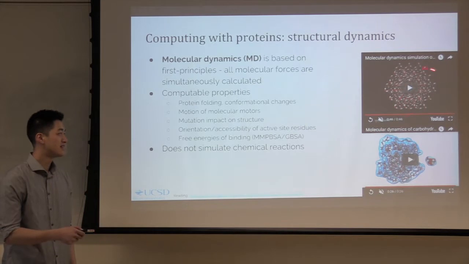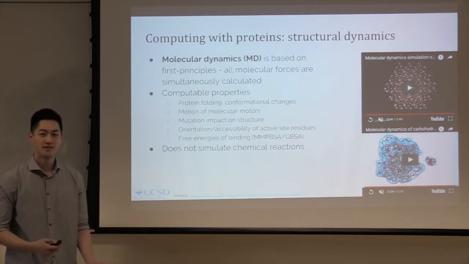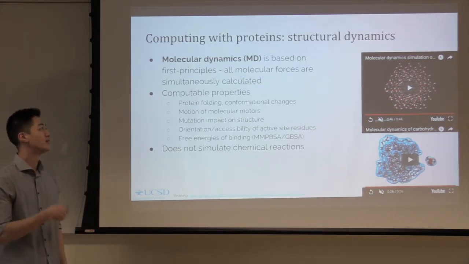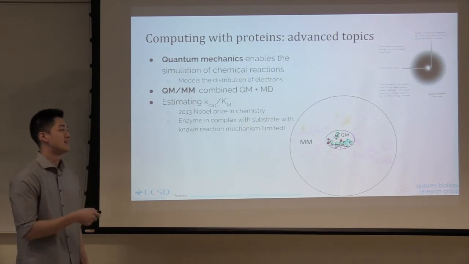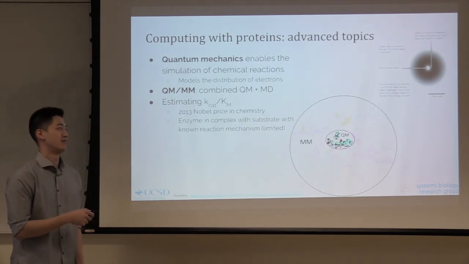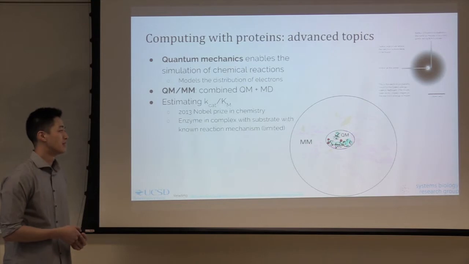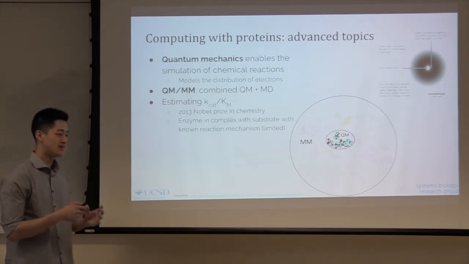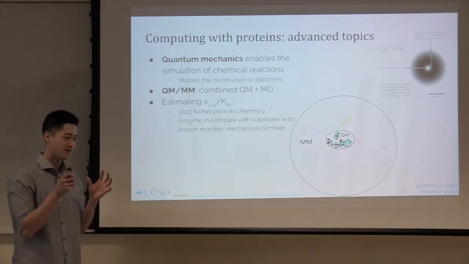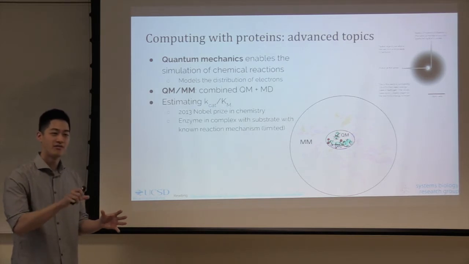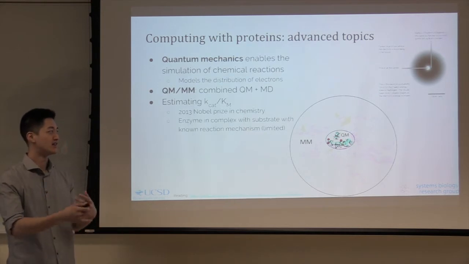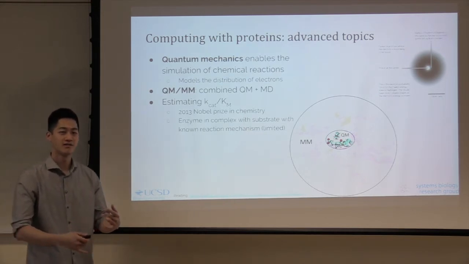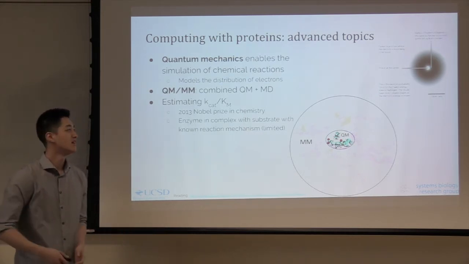However, one thing this does not do for you is simulate chemical reactions, as I mentioned before. For that, you want to use more detailed methods, which are called quantum mechanics. This is not my field of study, and I really don't know much about it. But what they do is, instead of representing an atom as a sphere in space defined by forces and charges, they actually represent the electrons in their shells and how they interact with other atoms with electrons in their shells.